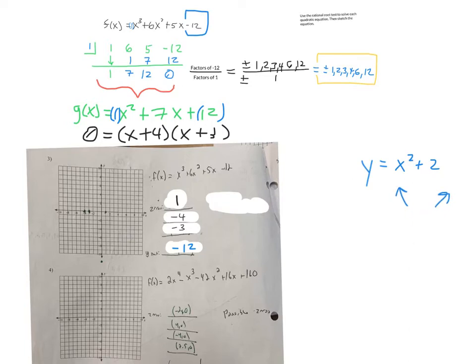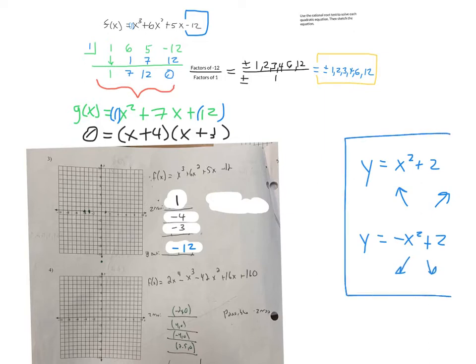And if that was y equals negative x squared plus 2, where the leading coefficient was negative, then the end behavior would be down. But notice what these two have in common: the end behavior points in the same direction.